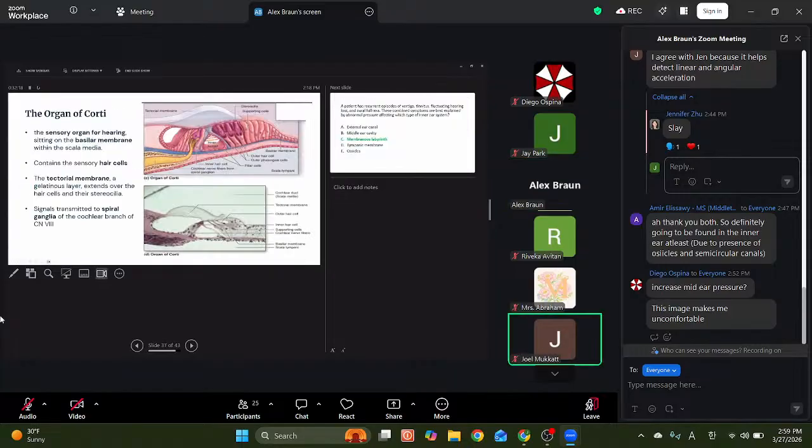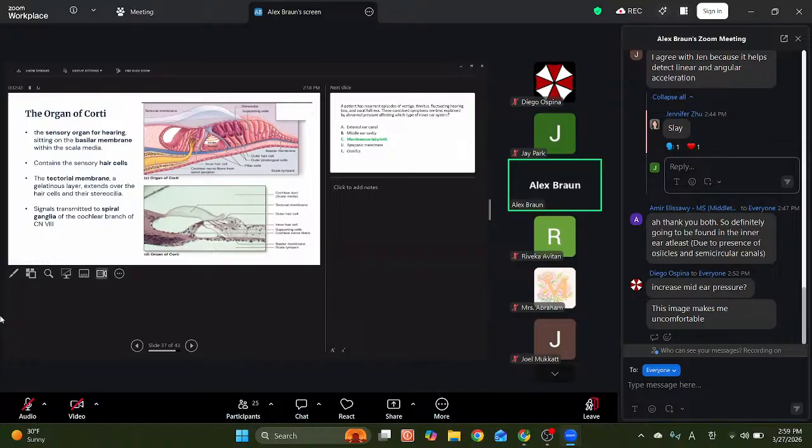Yeah. Here's the organ of Corti, which we've seen before. We're not talking about it in too much detail, but of course know that it has hair cells and support cells, and know that the stereocilia, the hairs of the hair cells, embed themselves into the tectorial membrane, which is an acellular membrane.